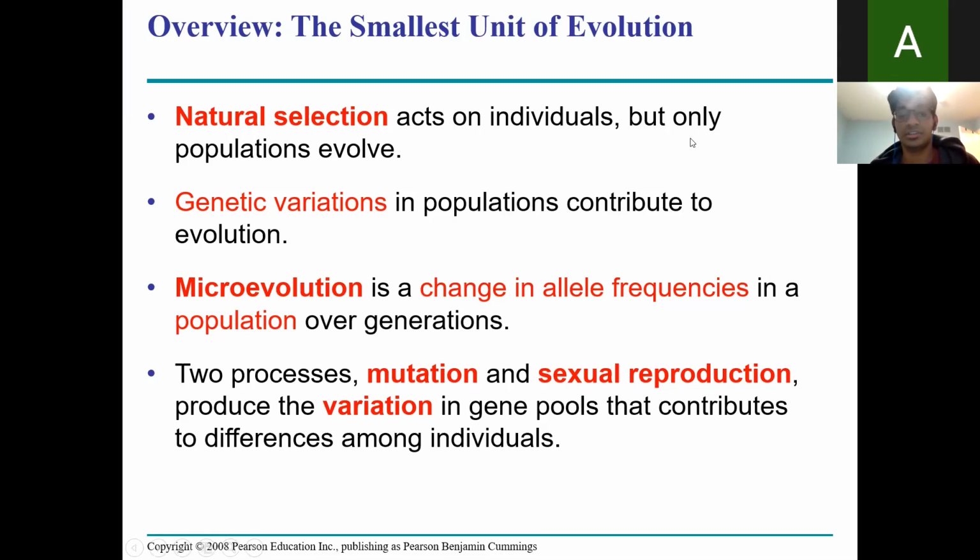Two processes, mutation and sexual reproduction, produce the variation in gene pools that contributes to differences among individuals. For example, sexual reproduction, the way meiosis works, which you'll get into later, essentially produces a lot of different possibilities.